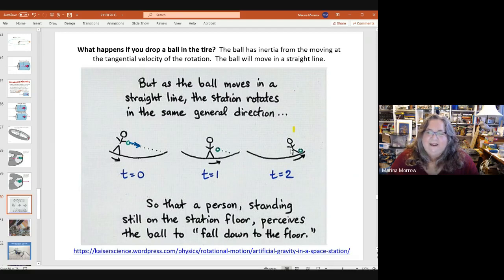And eventually the ball would end up smacking into the side of the tube that you're in, at the same time as you reach that point. So it would be like the ball seemed to you to just fall straight down out of your hand onto the ground, because remember, you don't know you're rotating. And so from your point of view, the ball would look like it just fell right down out of your hand.